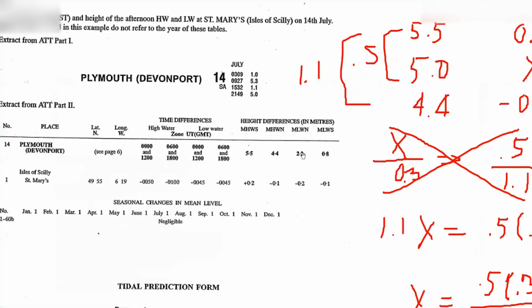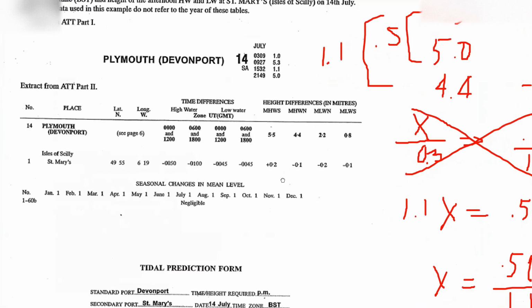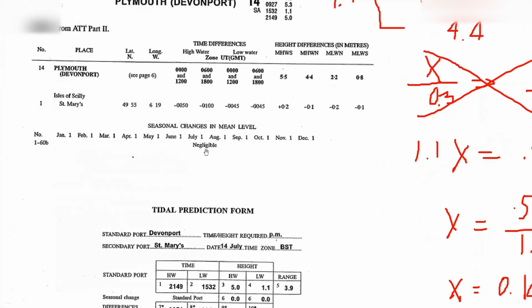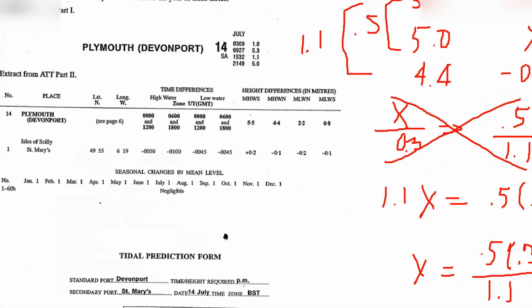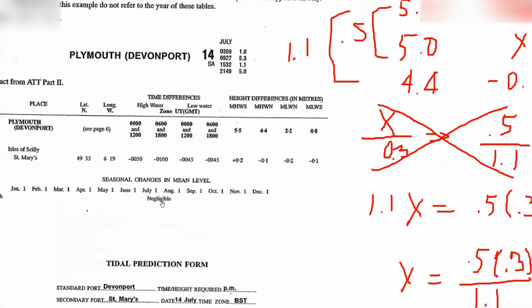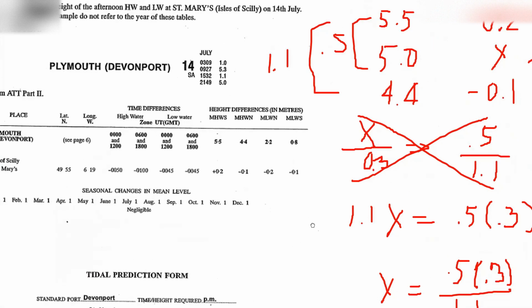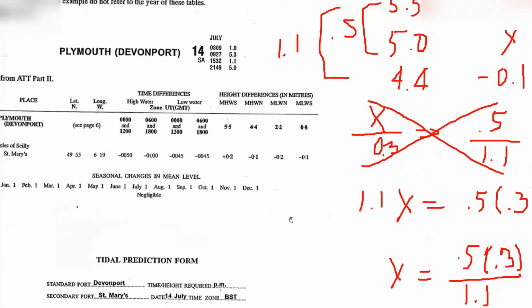Makita nyo dito yung low water is 2.2 and 0.8 with equivalence negative 0.2 and negative 0.1. So we are going to interpolate 1.1 naman without the seasonal change which is negligible. So lagi niyong tatandaan kasama yung seasonal change sa pag-interpolate.